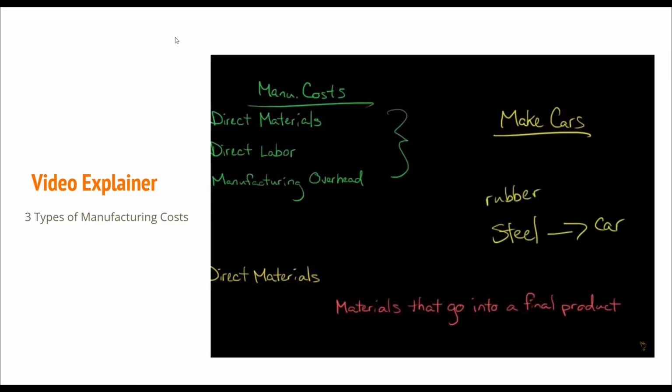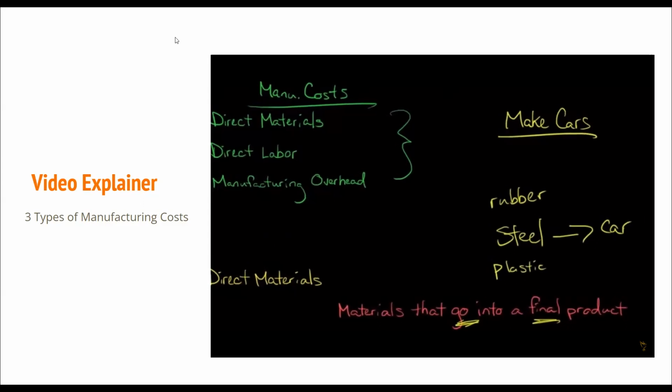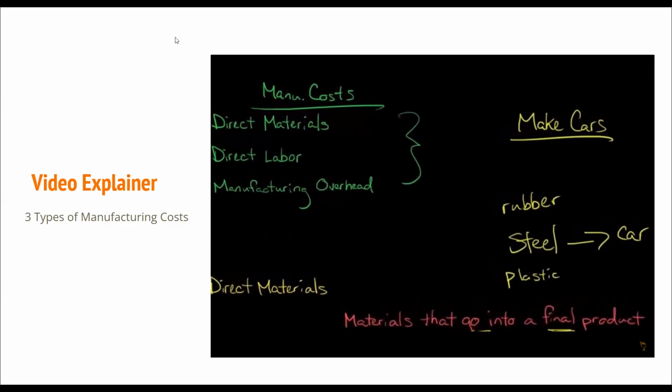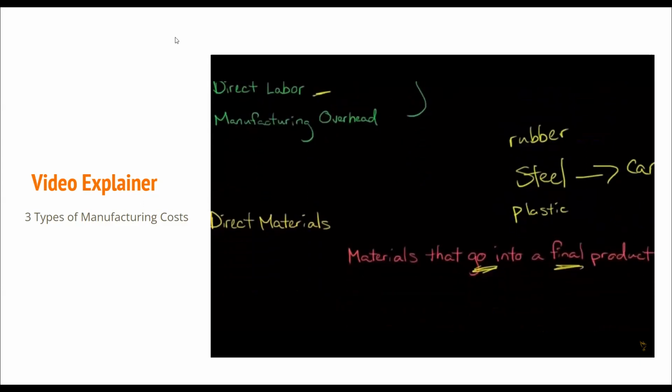Maybe you have plastic to make a windshield wiper on the car. They're direct materials, and they directly go into the final product, which in this case is the car. If it's some type of material that is put into the car to build the car, then it's a direct material.